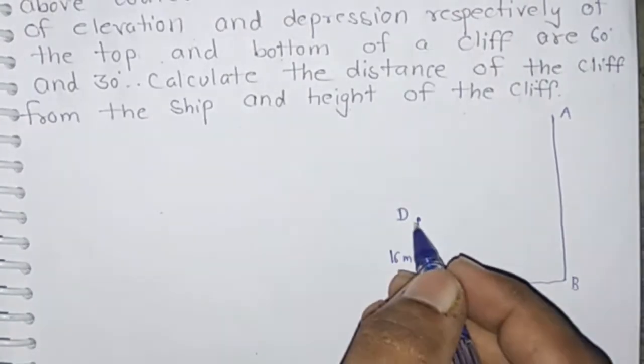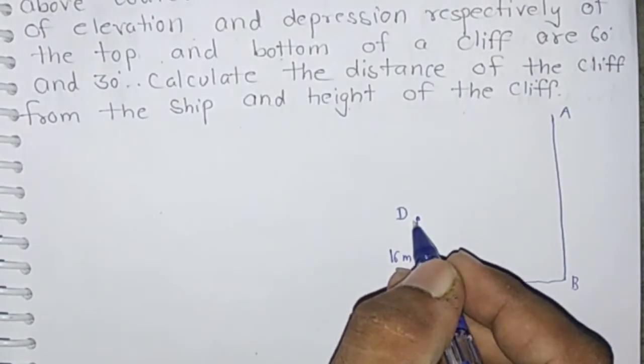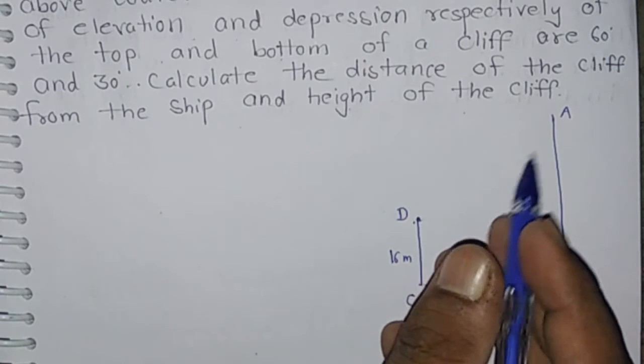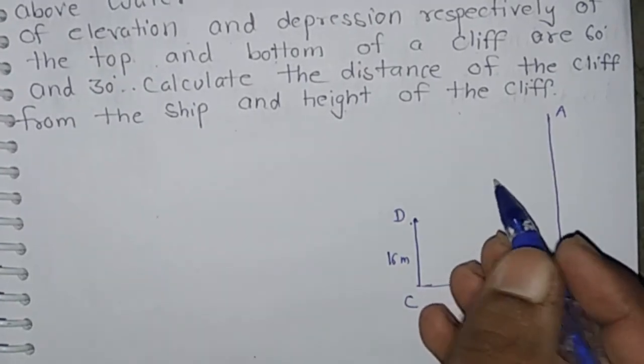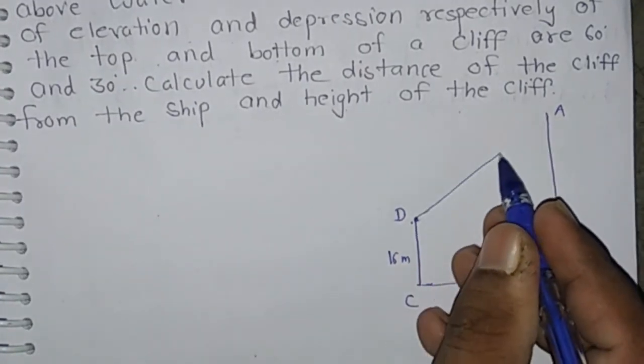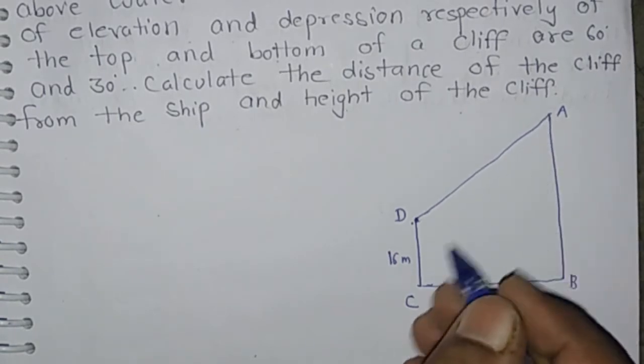and from point D he observed that the angle of elevation of the top of the cliff is 60 degree.